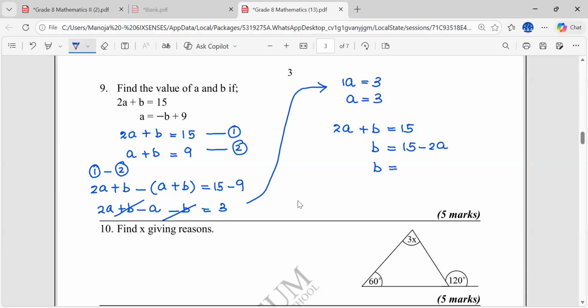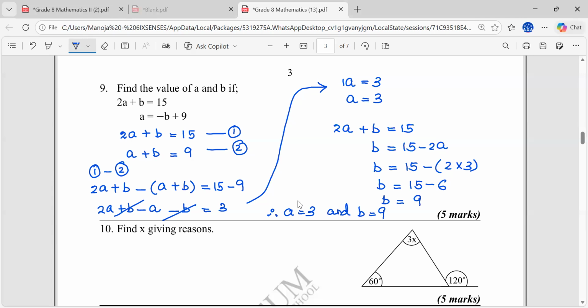B is equal to 15 minus 2 times 3, B is equal to 15 minus 6 and B is equal to 9. Therefore, A is equal to 3 and B is equal to 9.